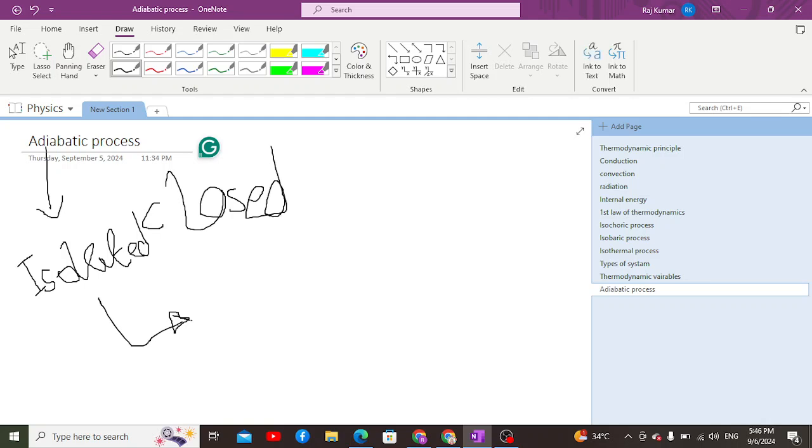In an isolated system, there is no transfer of matter, as well as no transfer of energy, due to which the heat released or absorbed by the system would be equal to zero.